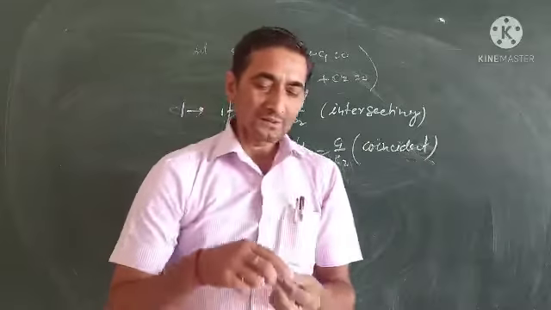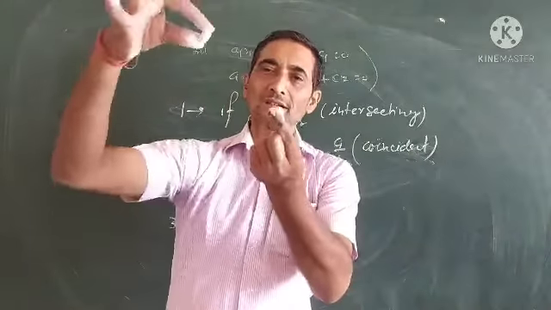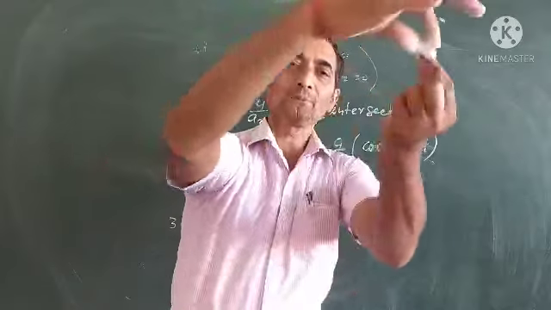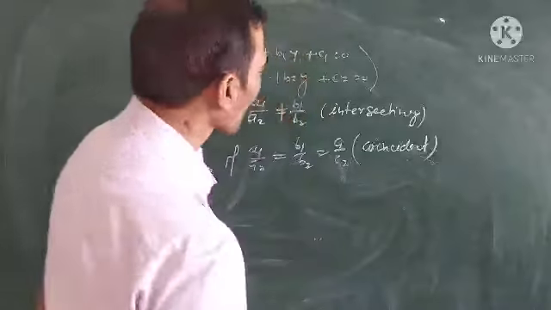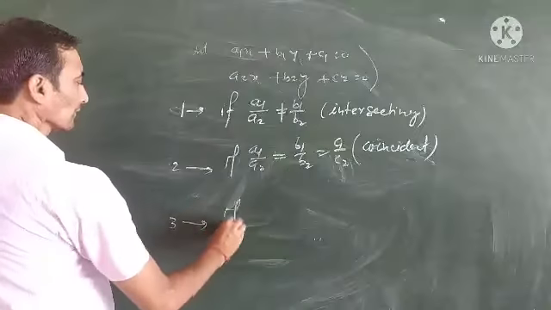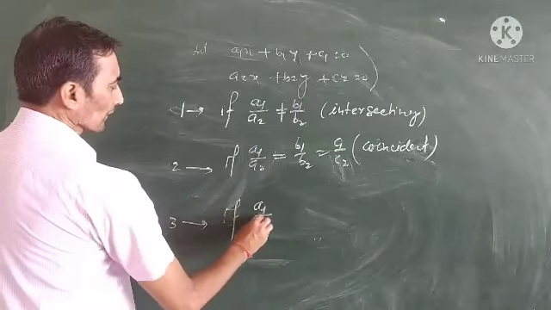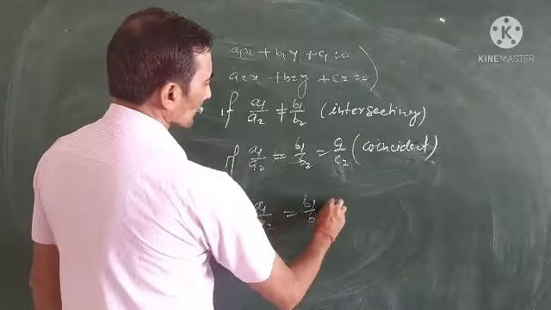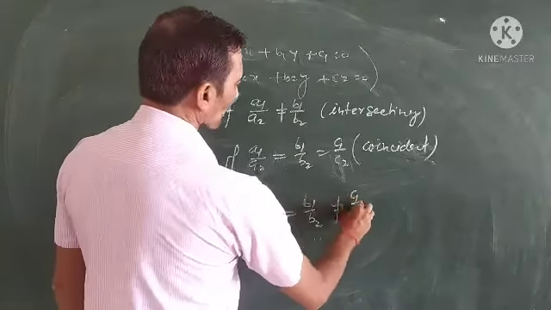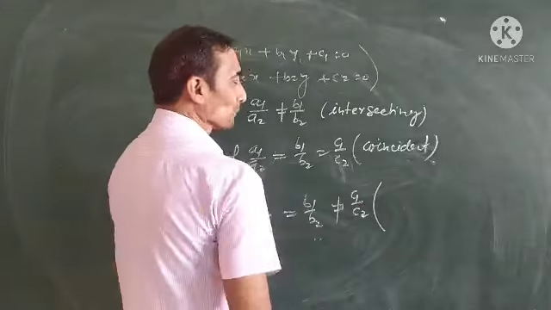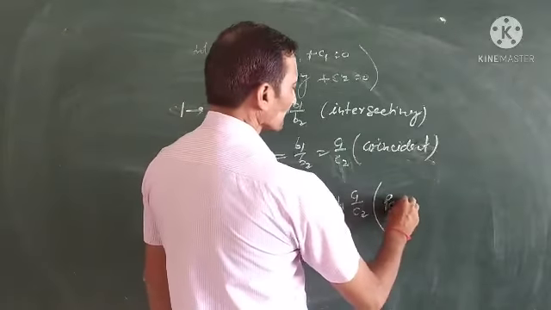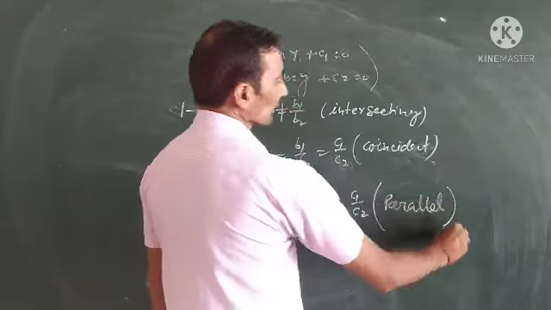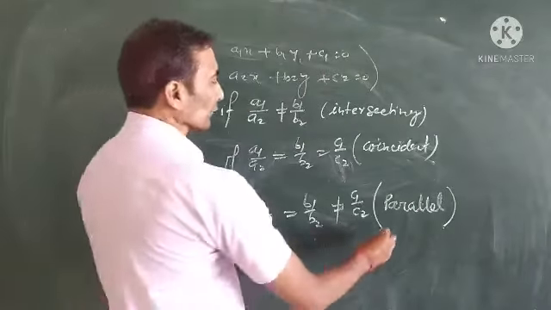Just like the first is this, the second is this, and they overlap, same line. And third, if a1/a2 = b1/b2 is not equal to c1/c2, the lines are parallel. That means no solution.